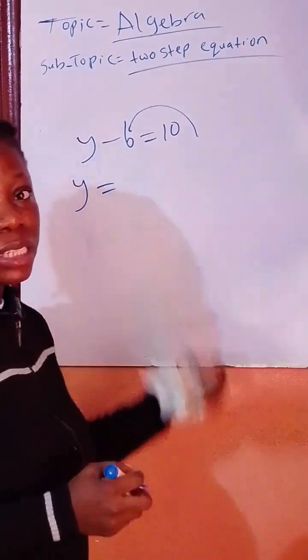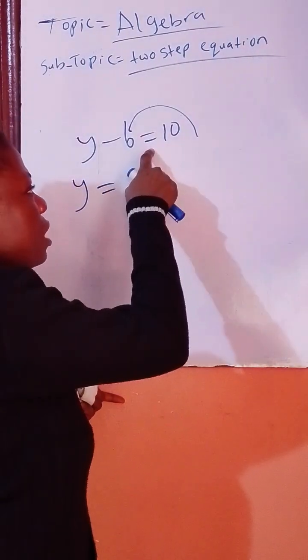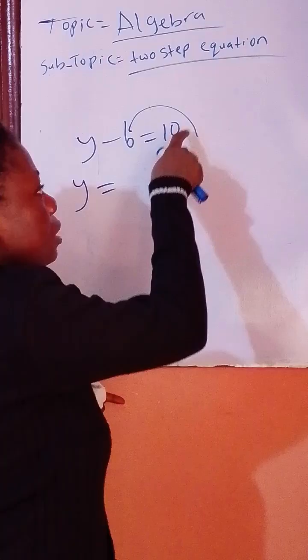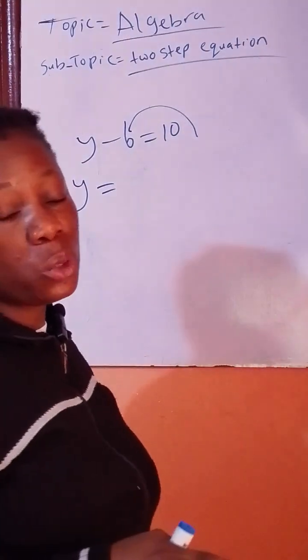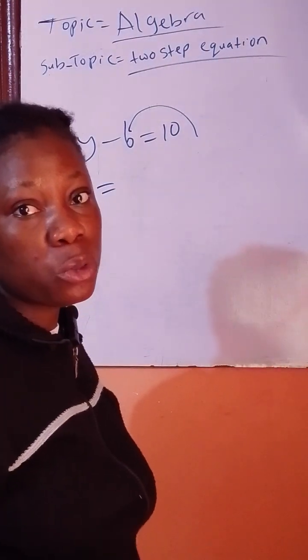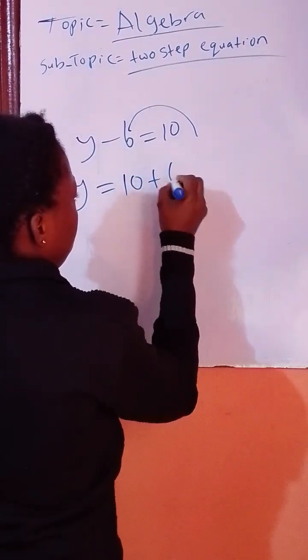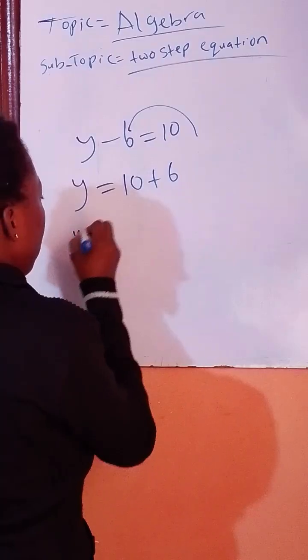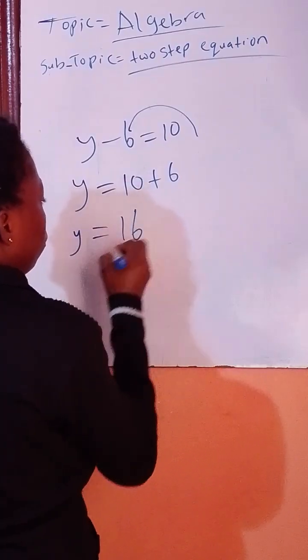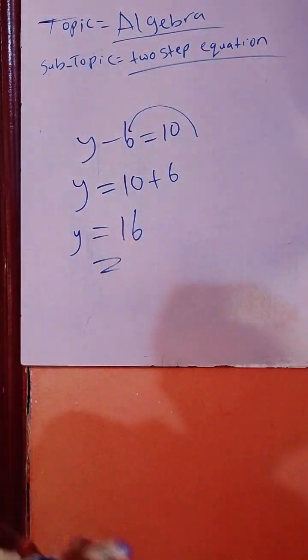When this minus 6 crosses this equal sign to meet this 10, the minus sign is going to change from minus to plus. Then we have 10 plus 6 equals y equals 16. This is our answer.